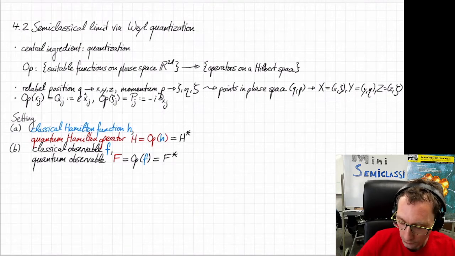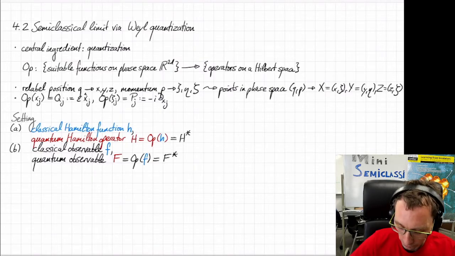So associated to these two, we have classical equations of motion.